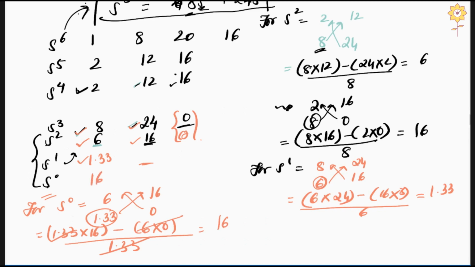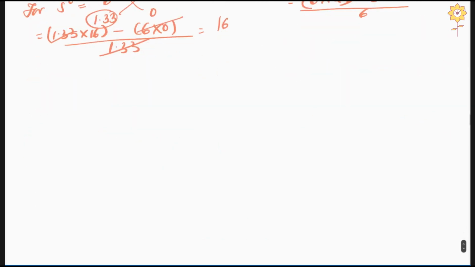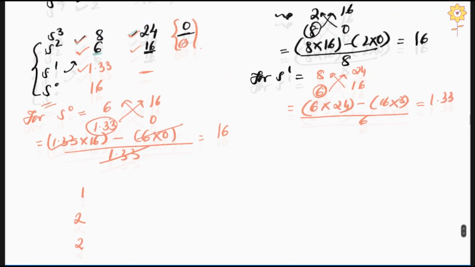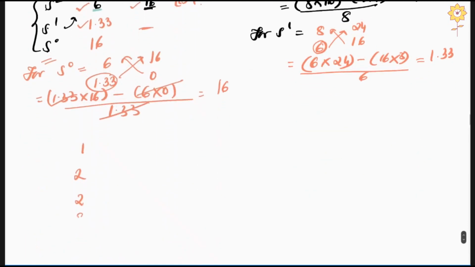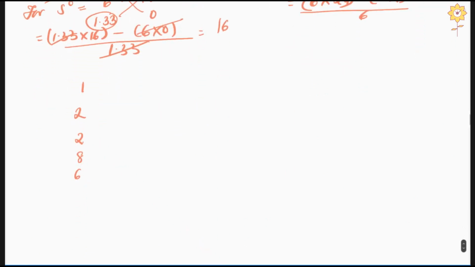After completing the entire array, the next step is you have to observe the values that are there in the first column. So, the values that we have in the first column are 1, 2, 8, 6, 1.33 and 16, right. So, if you observe, there are no sign changes, right.